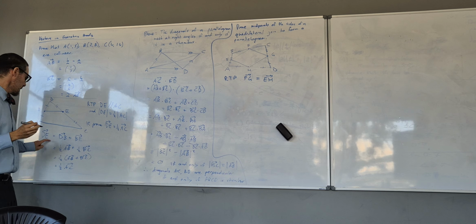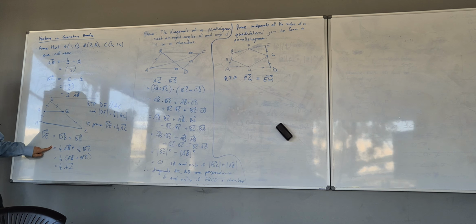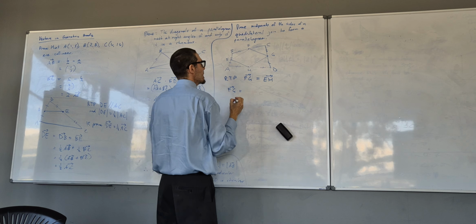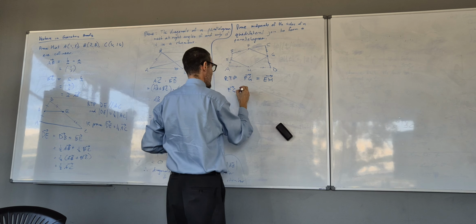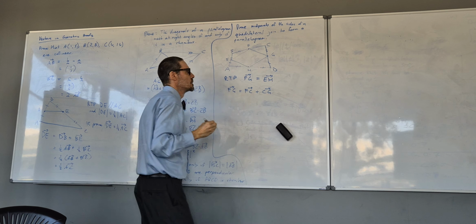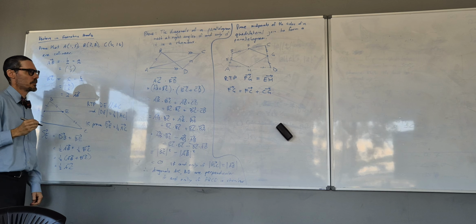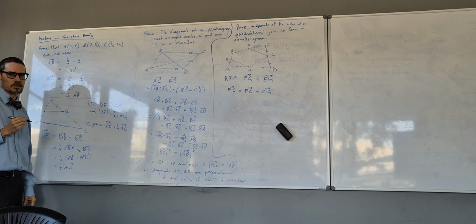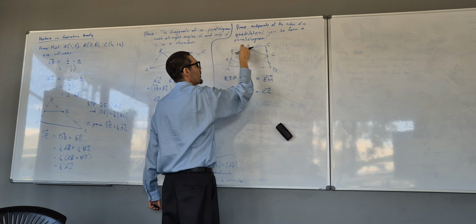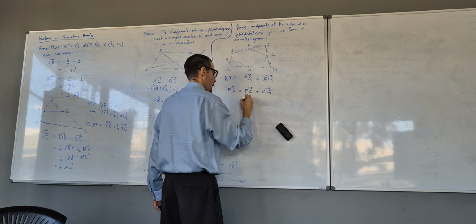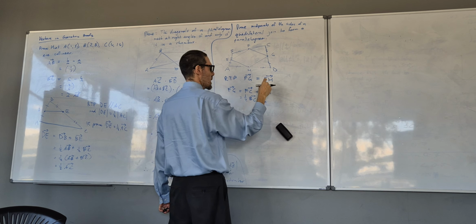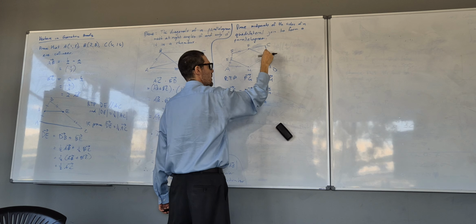Well, let's use a similar thing to what we did over here. FG is FC plus CG. Well, FC is half of BC. And CG is half of CD.